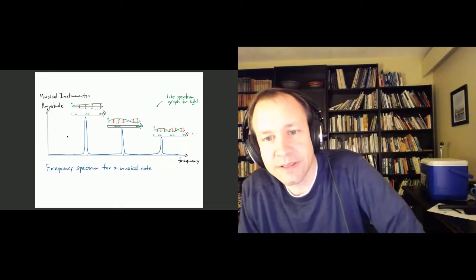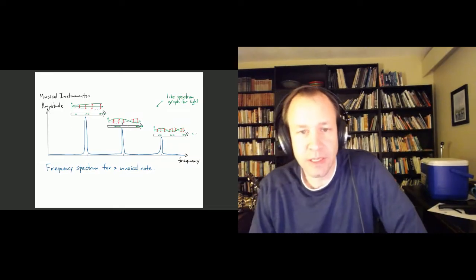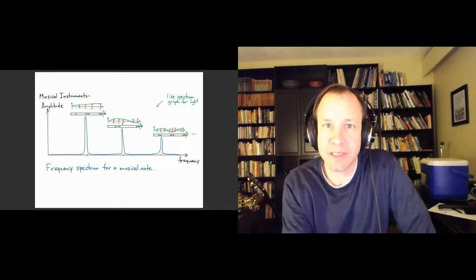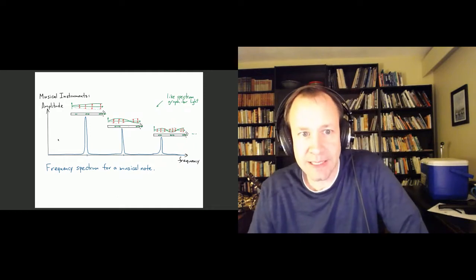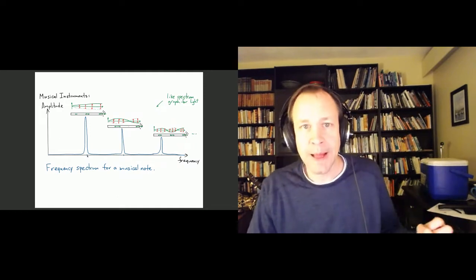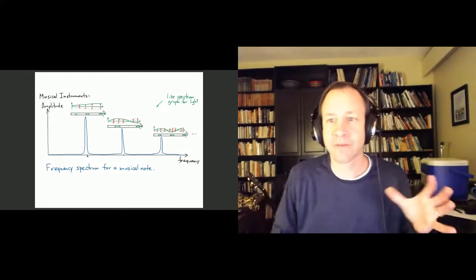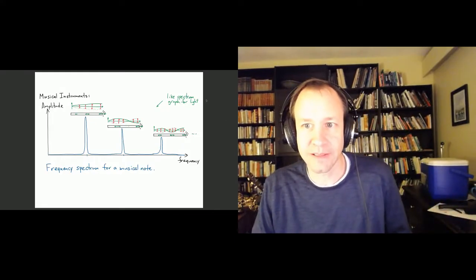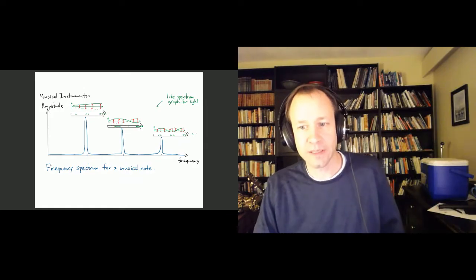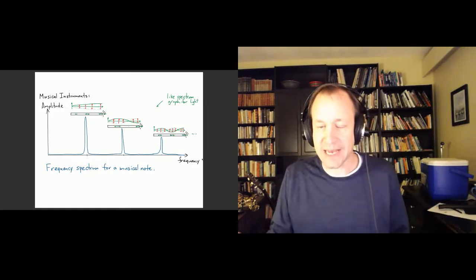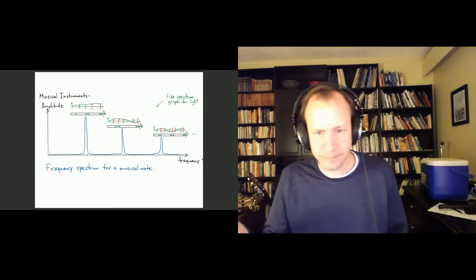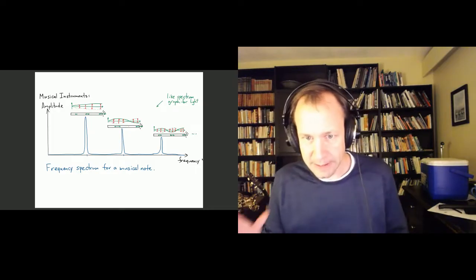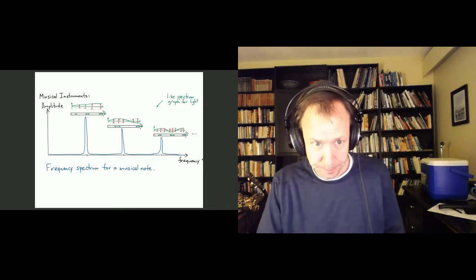So in order to display that information, I could describe a particular musical note played by a saxophone or a trumpet by a spectrum graph, which is very similar to the kind of spectrum graphs that we used for light. Okay, so on the horizontal axis, I could plot frequency. I could have also used wavelength, but I'll use frequency.